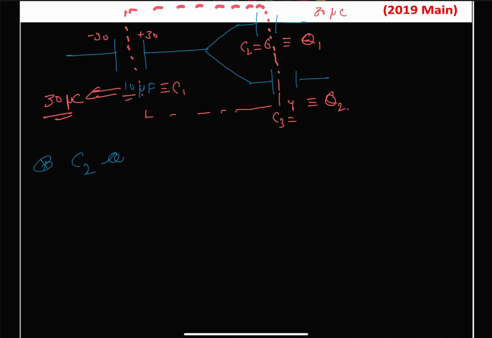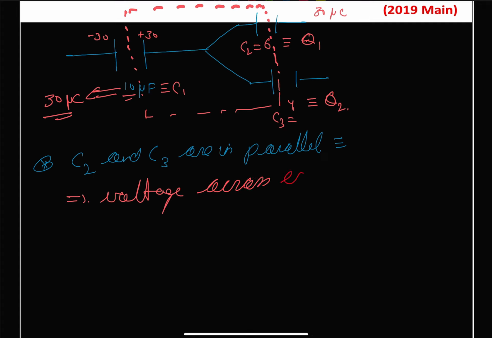C2 and C3 are in parallel. Which basically means that the voltage across each capacitor will be the same.